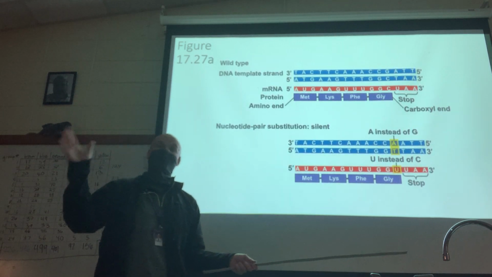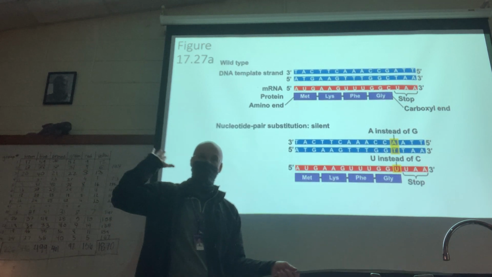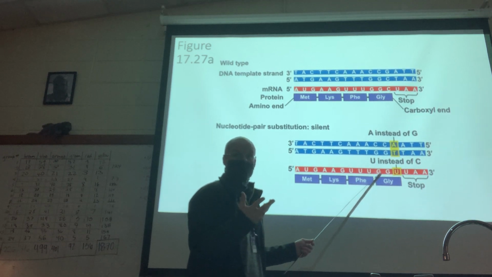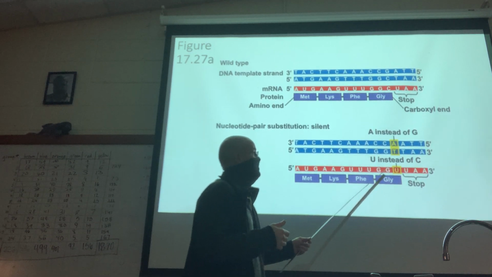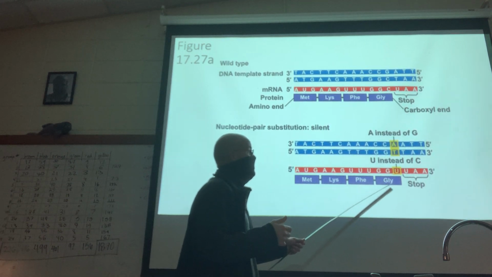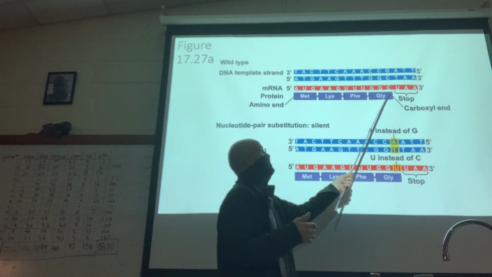But if you look up on your chart, which you don't have to do right now, but that chart we were using where we basically translate codons during translation, GGU is the same amino acid that GGC is.